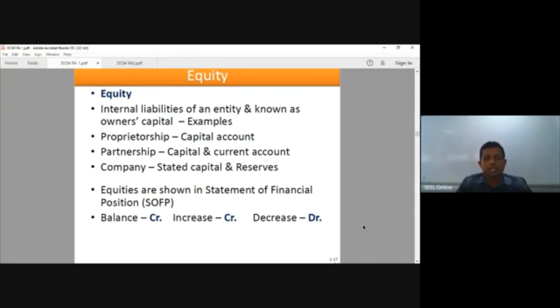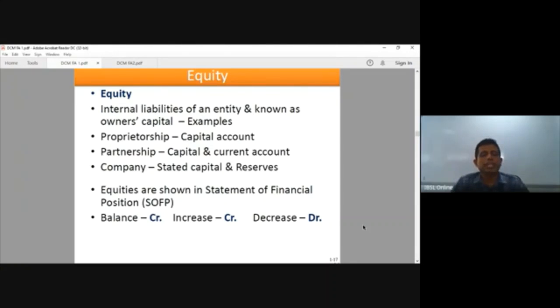In Sri Lanka, you have three categories of business entities, that is proprietorships, partnerships, and companies. In proprietorship accounts, we have a capital account to represent the equity.